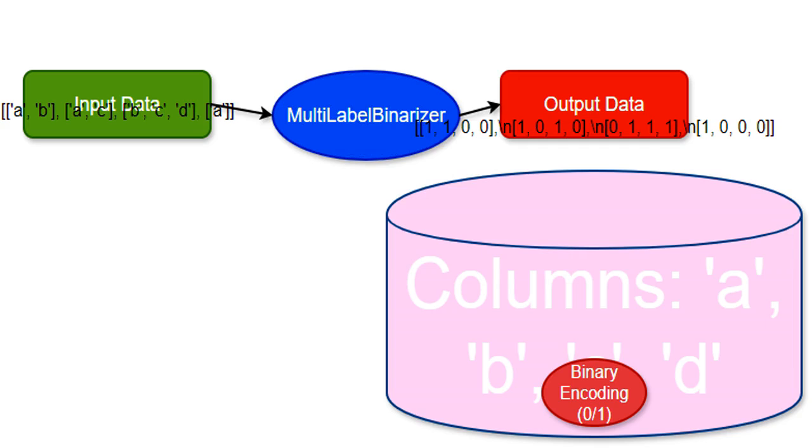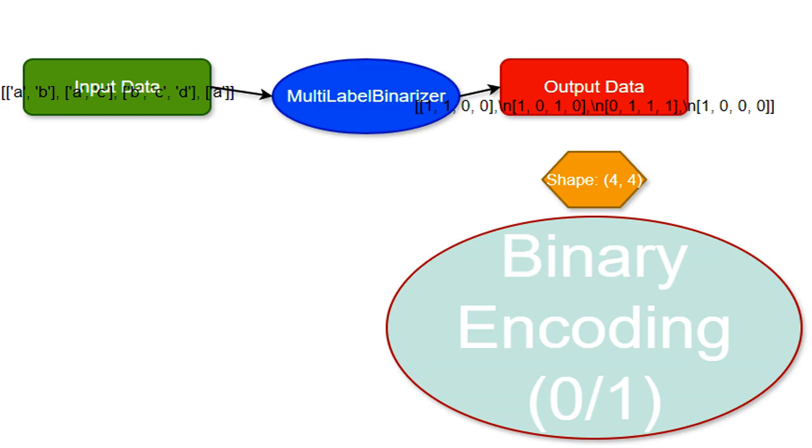The columns of the output matrix represent the unique labels present in the input data. The order of these columns might not be exactly as listed, but the set of columns will include each of the unique labels. This is important because it allows you to easily identify which labels are associated with each data point. The core functionality of multi-label binarizer is its binary encoding scheme.